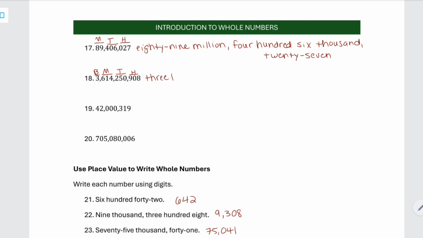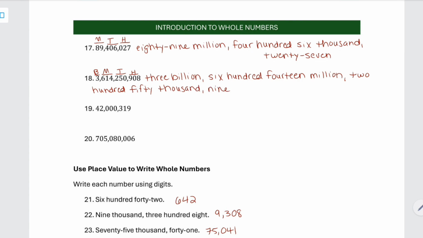So we have 3 billion. 614,000,000. 250,000. 908.